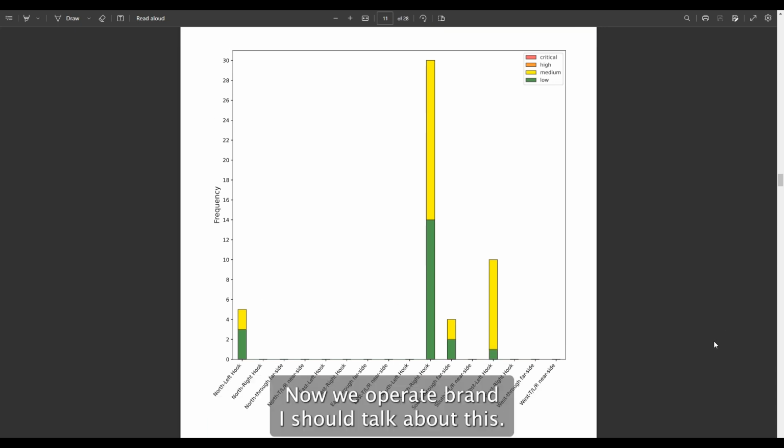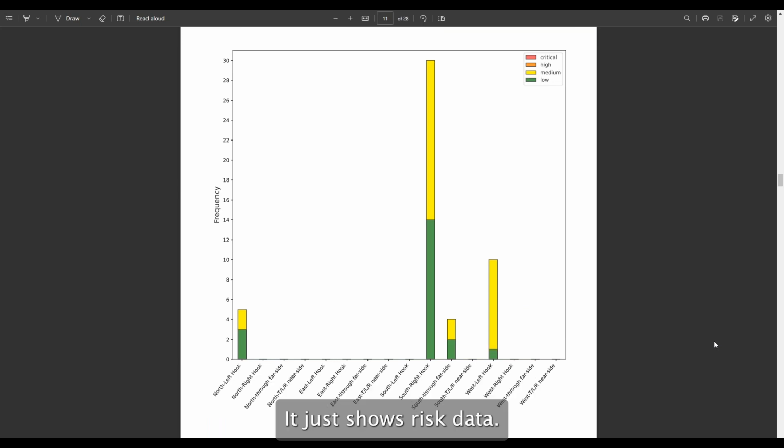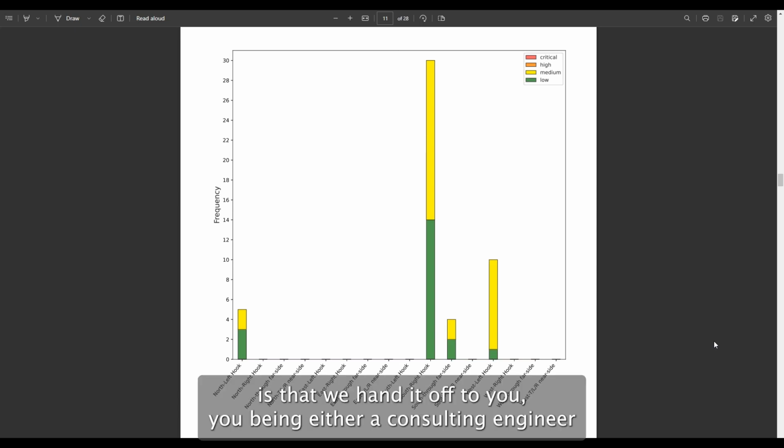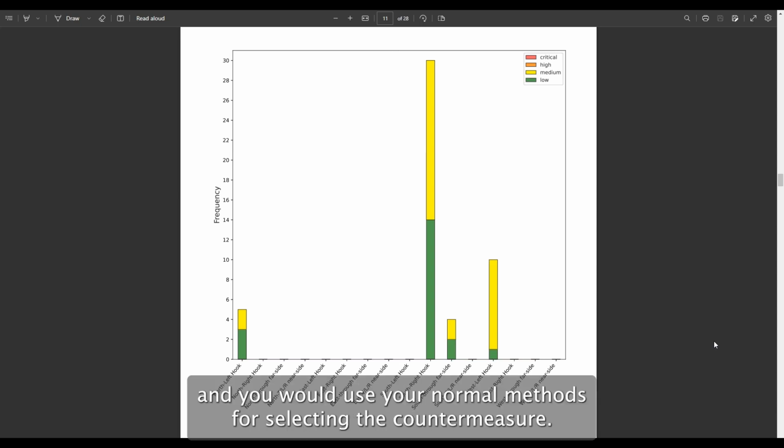Now, Brent, I should talk about this. This report does not contain any countermeasures. It just shows risk data. The primary idea is that we hand it off to you, you being either a consulting engineer or a city staff person at a Department of Transportation, and you would use your normal methods for selecting the countermeasure.